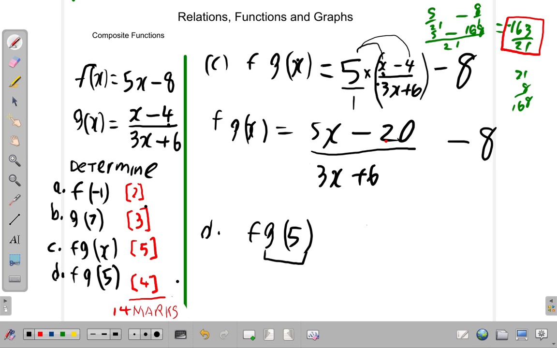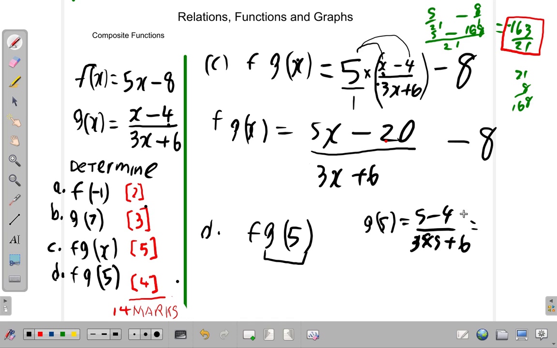We find g of 5 to be 5 minus 4 over 3 times 5 plus 6. This is g of x: x minus 4 up here, 3x plus 6 down here. G of 5: 5 minus 4 up here, 3 times 5 plus 6 down here.